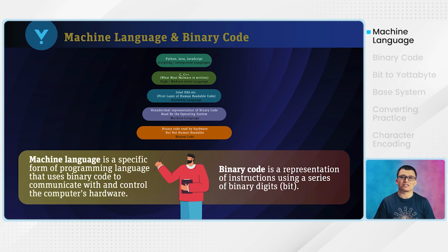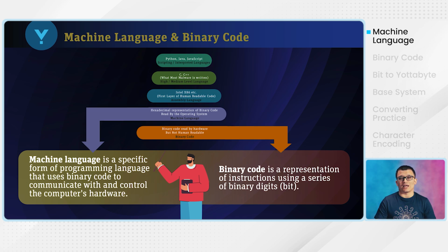So machine language basically is the instructions, and the instructions are represented in the binary system. Binary code is the representation of instructions using a series of binary digits.